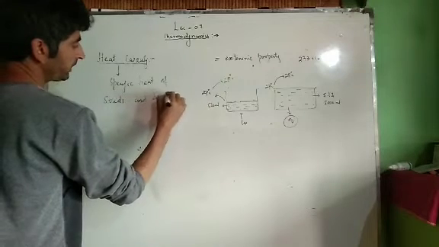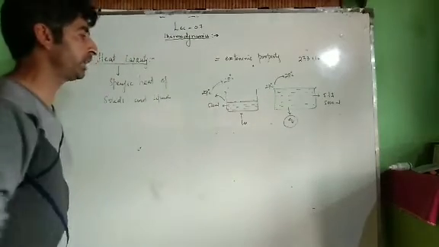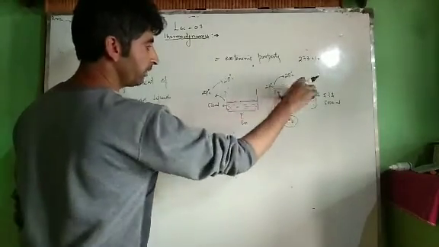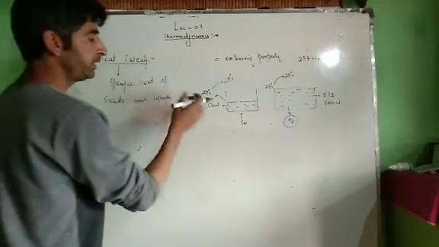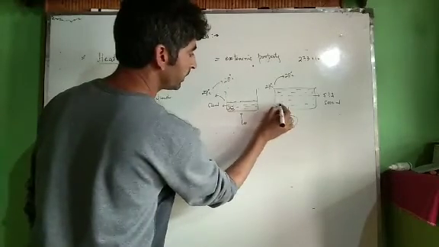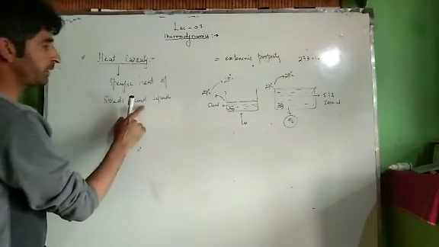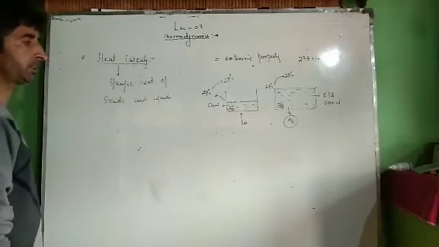The only difference is that here we take 1 gram of substance or 1 kilogram of substance. In the earlier case, we were taking the whole amount of substance. When we take specific heat, we define it for 1 gram of substance or 1 kilogram of substance.